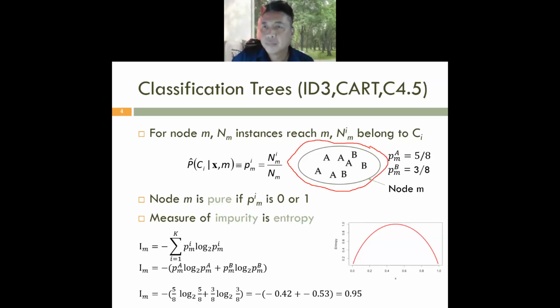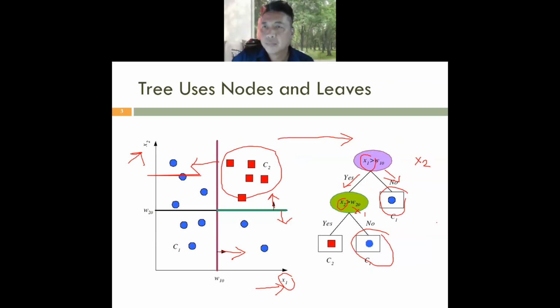So what we want to do is when we split the data, we want to have the leaf at the end of the tree have the majority of them belong to the same class. So what we want to have here, we want all those samples with this logical decision, all of them belong to the square red.